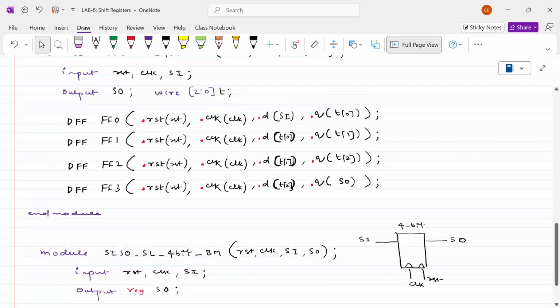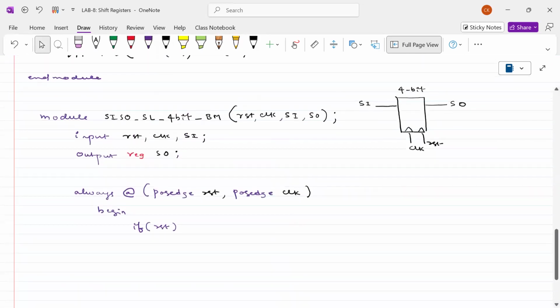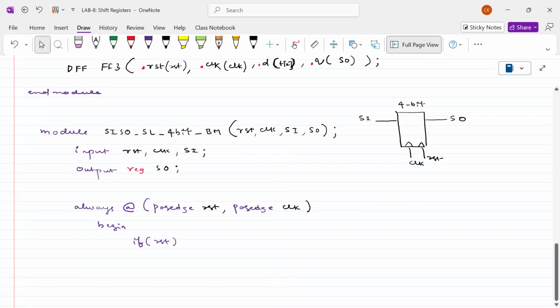Let me write the first statement. If RST is true, what has to happen? All the flip flops must be zero. Is there any information related to the 4-bit information I have written here? We have not defined anything about it, right? So first we have to select the internal variables.